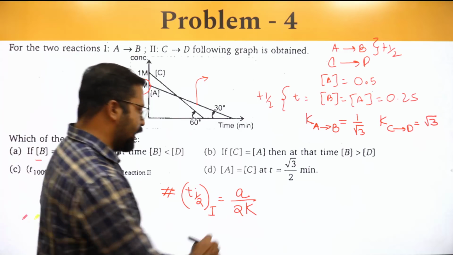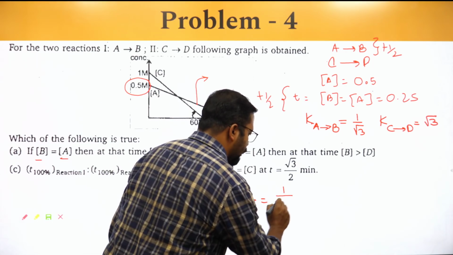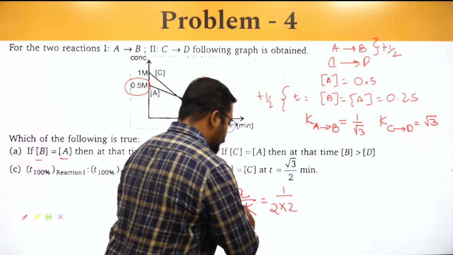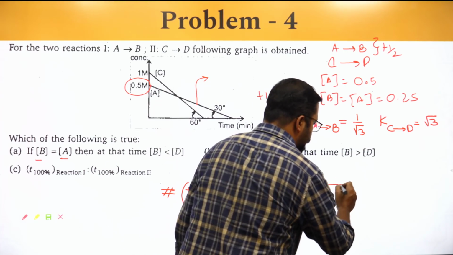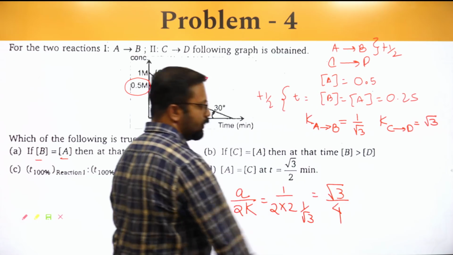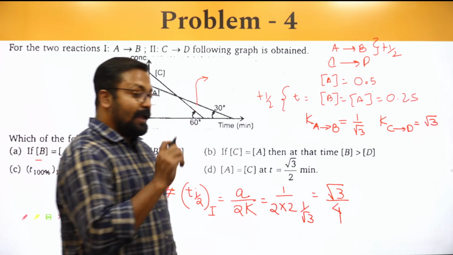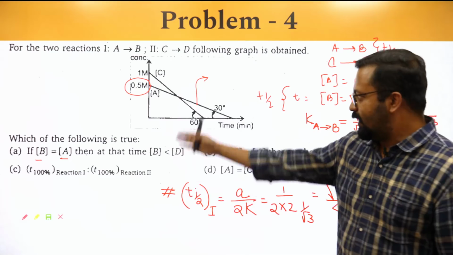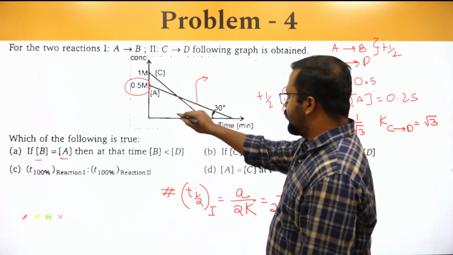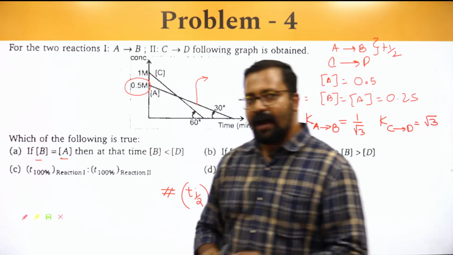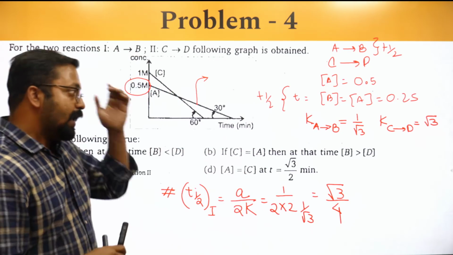What is the value of a? 1 by 2 times 2, and the k value is 1 by root 3. That turns out to be root 3 by 4. It's not 0.693. Look at this graph, it's for this graph. So for the first reaction, T half is root 3 by 4.